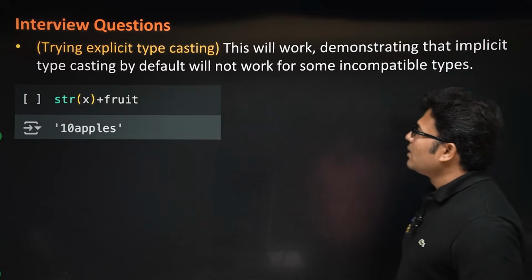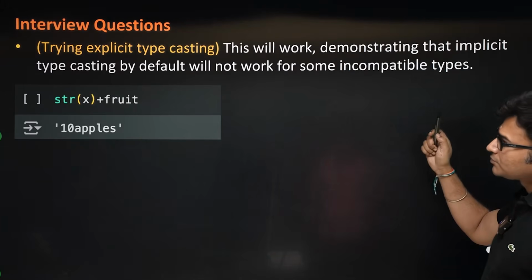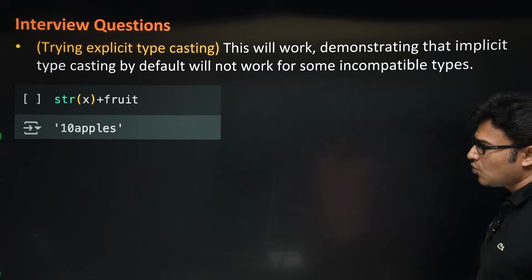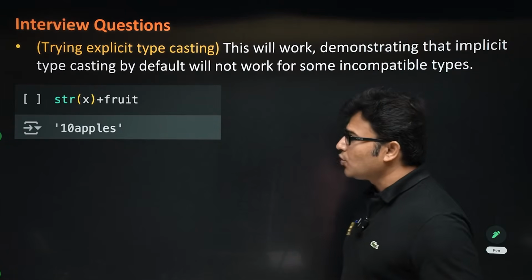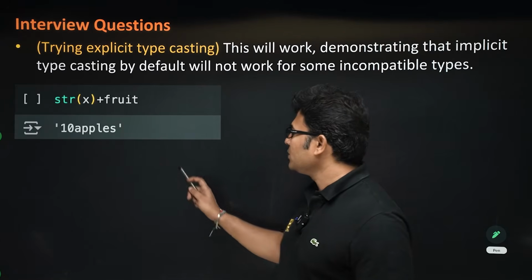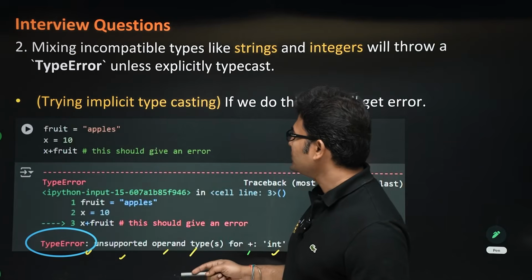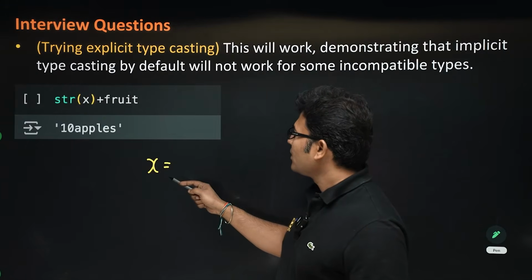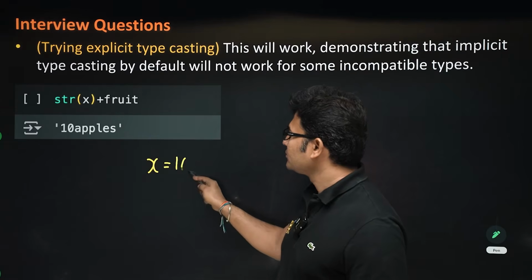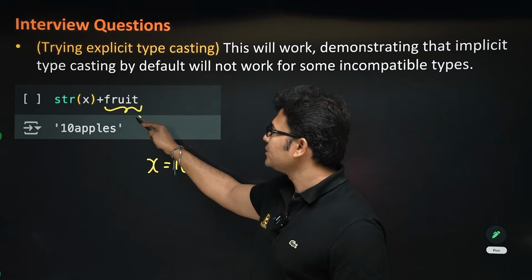Then typecasting, this will work. If you try to do explicit typecasting, it will work. So what do I mean by explicit is you are converting them explicitly, right? So for example, X here is, let us say the previous example. What was the previous example? X is 10, and fruits is nothing but apples.